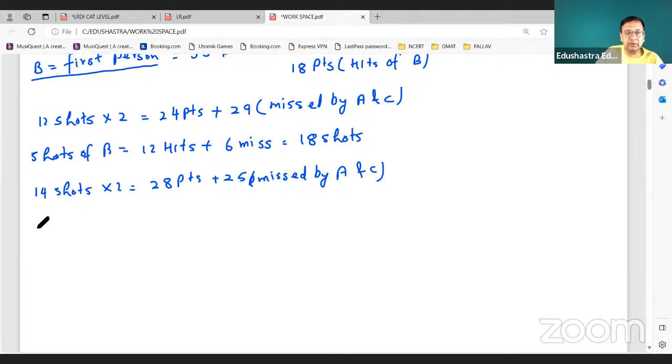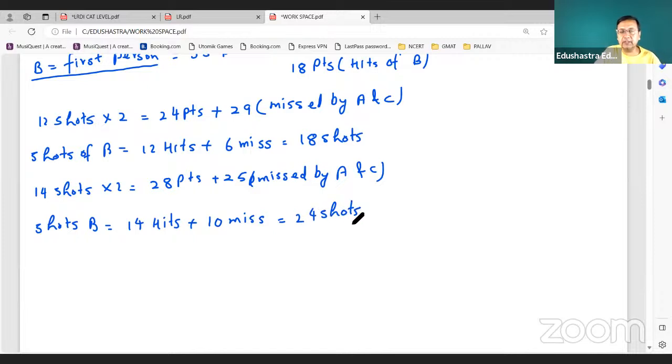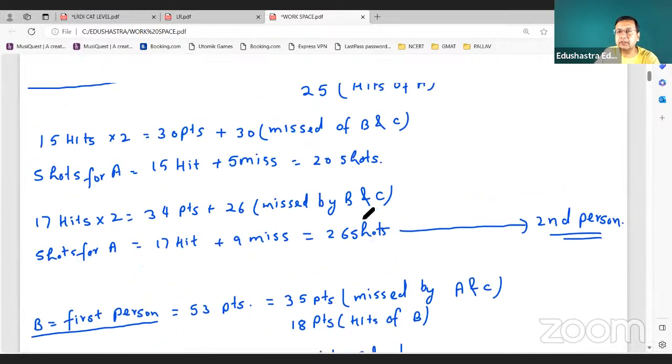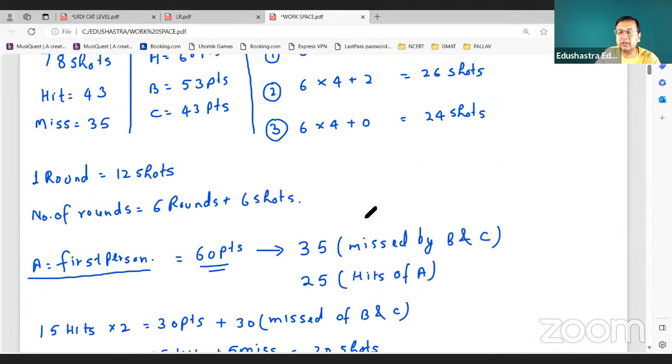Done. So shots of B: 14 are hit, right? And plus 10 are missed. Done. So this is total 24 shots. And this means if B is hitting total 24 shots, who is the person hitting 24 shots?